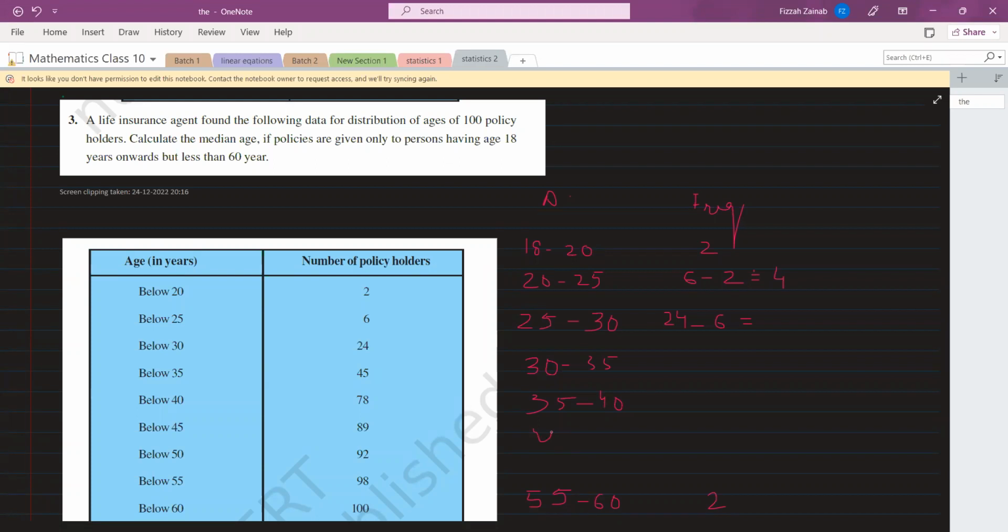The first one is 2, then 4, then 18, then 21, then 33, then 11, then 3, then 6, and then 2.